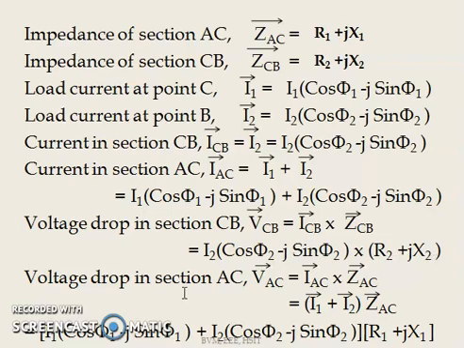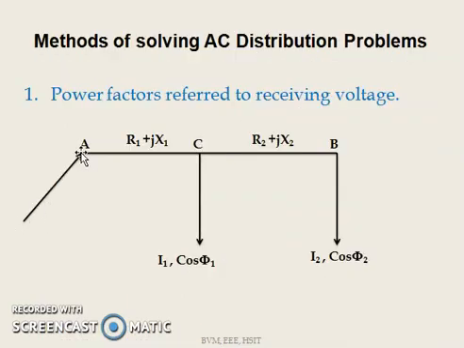Now let us calculate the voltage drop in section AC. It is the current in this section multiplied by the impedance of this section.